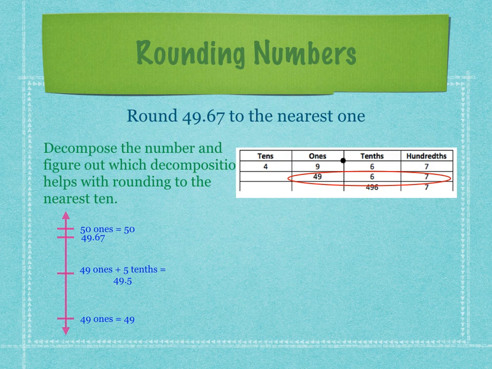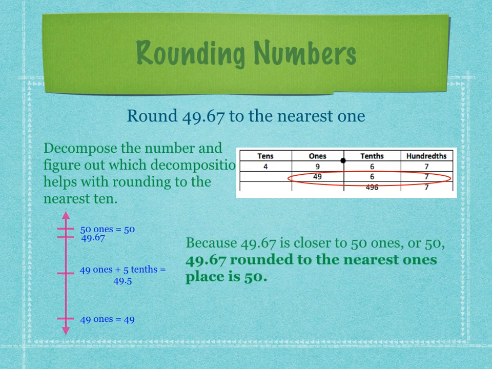It's greater than that, which of course makes it closer to the 50 ones. So because 49.67 is closer to 50 ones, or 50, 49.67 rounded to the nearest ones place is 50.